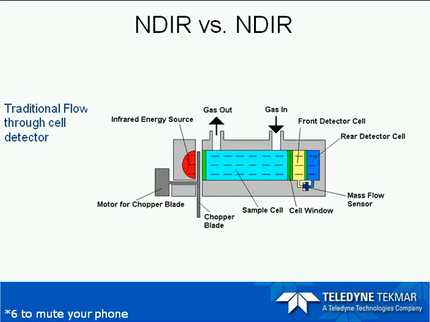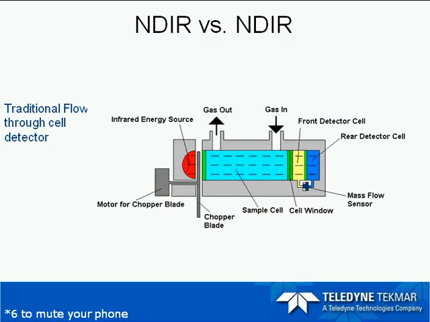Now, when the sample gas stream enters the sample cell, the sample absorbs some of the infrared energy source. That decreases the IR energy hitting the front detector cell. So that is relative, when I say absorbs some of the energy.